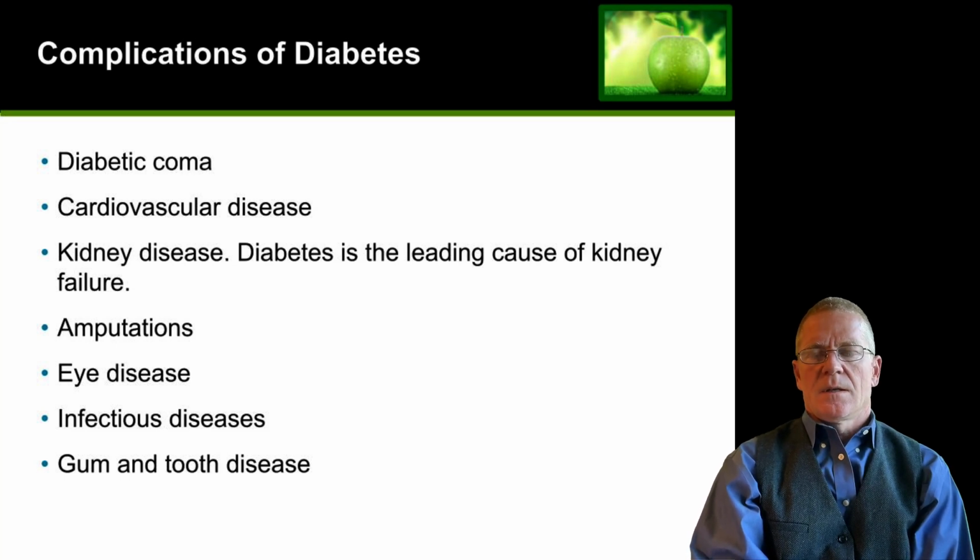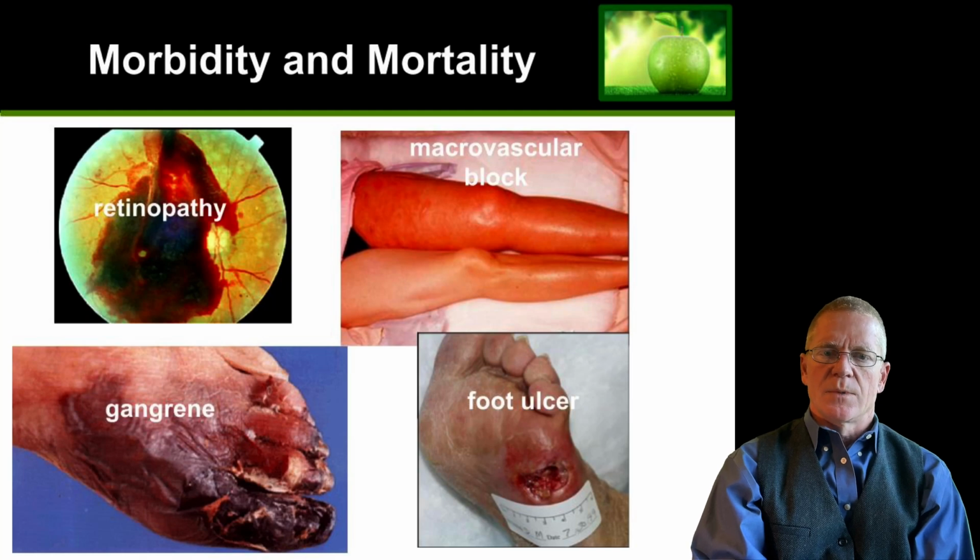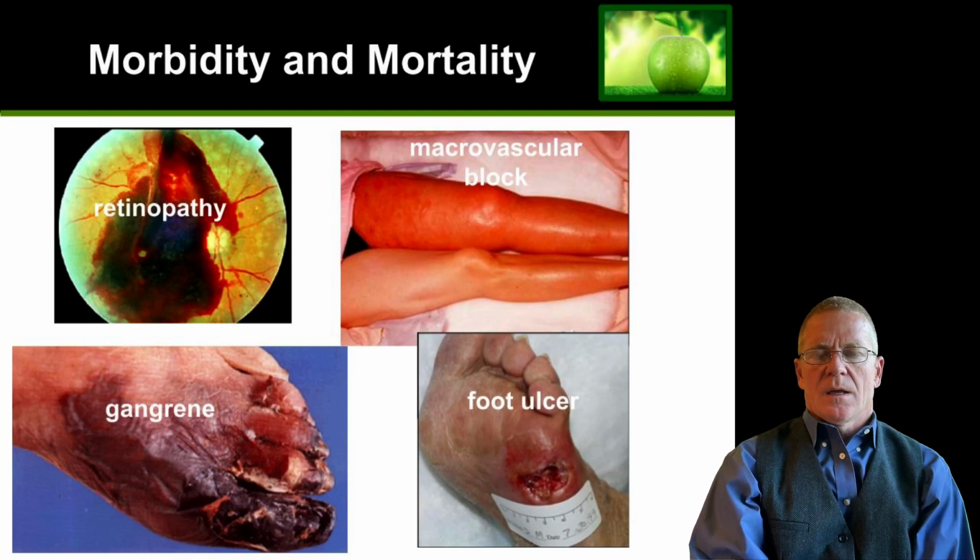Eye disease, loss of vision, is common in diabetes. Increased risk of infectious disease because your immune system is not functioning correctly, and gum and tooth disease is also seen. Here are some examples of the morbidity, the illness associated with type 2 diabetes.